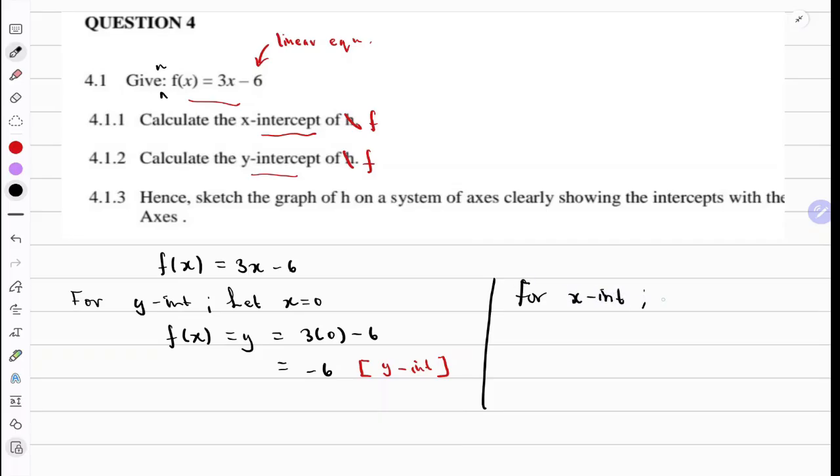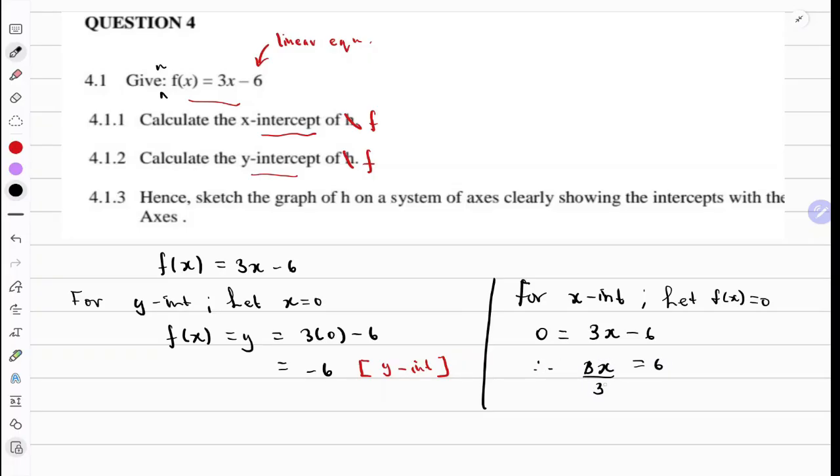Okay? And then for x-intercept, you let f of x equal to 0. So we can say 0 should be equal to 3x minus 6. So therefore 3x should be equal to 6.